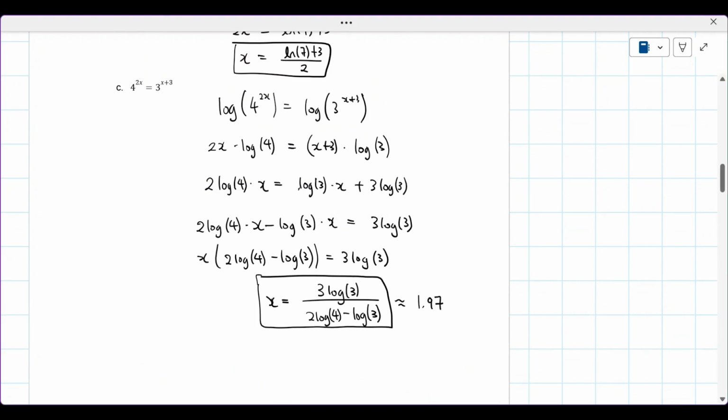So let's do 4 to the power of 2a, which is approximately 234.